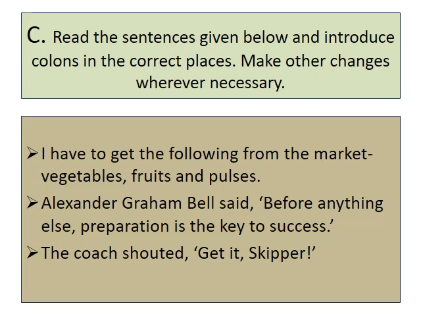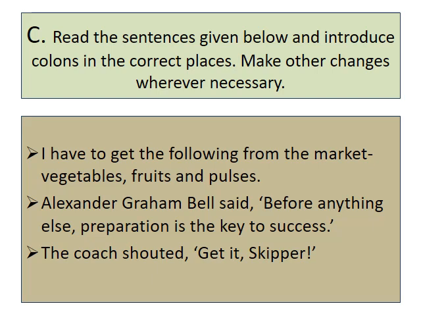Students, you have already gone through two exercises, A and B. This is exercise C on your screen. Students, read these sentences carefully and introduce the colons wherever necessary. Make other changes wherever necessary. The sentence is, I have to get the following from the market: vegetables, fruits and pulses.